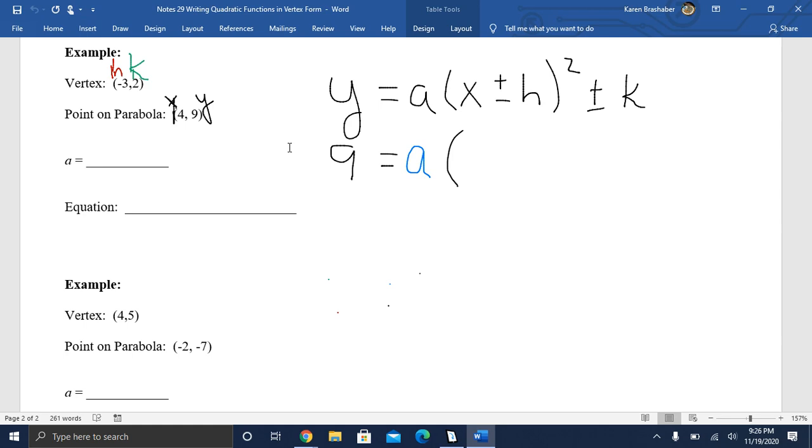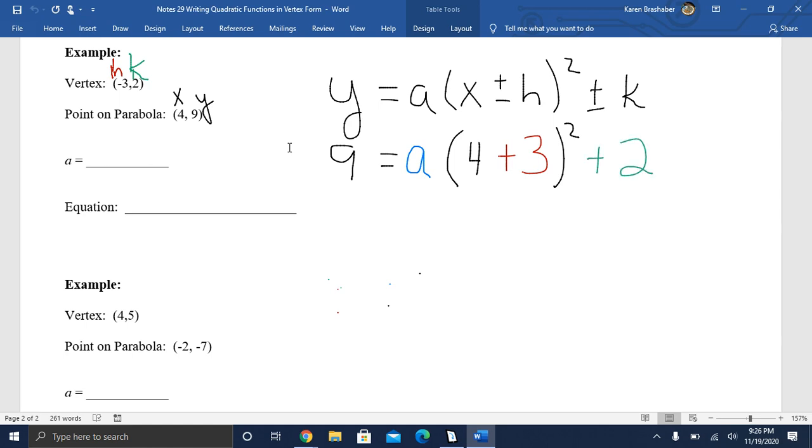My x, I'm going to erase it so you can see it come back. So the x is the 4. Now, my h is negative 3. So I want to do the opposite of negative 3. So I want to put plus 3 and then parentheses squared. And then my k is a 2. And it's positive, so I'll add 2 at the end.